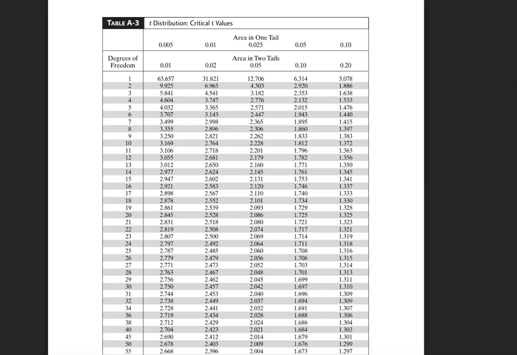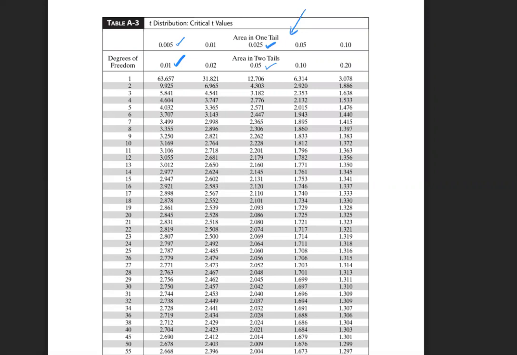So if you look at the top here, you see area in one tail 0.025, area in two tails 0.05. That's the case that we are looking at. You can look at other ones, like for this one, area in one tail 0.005, area in two tails 0.01, which would be 99% confidence level.